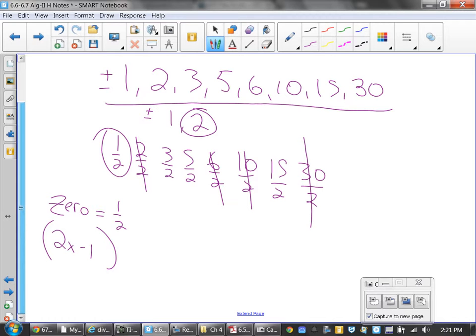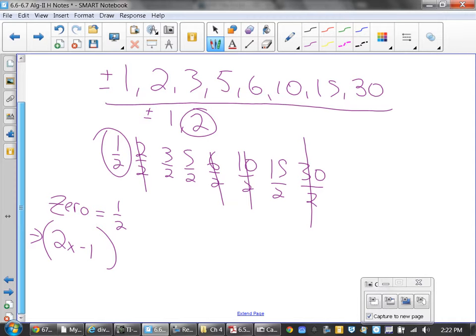That's what that means when you have a fractional 0. Would it be wrong to write x minus 1/2? More often than not, it would be a leading term coefficient where you have a 2x minus 1. It's not necessarily not right, but usually it looks like that.